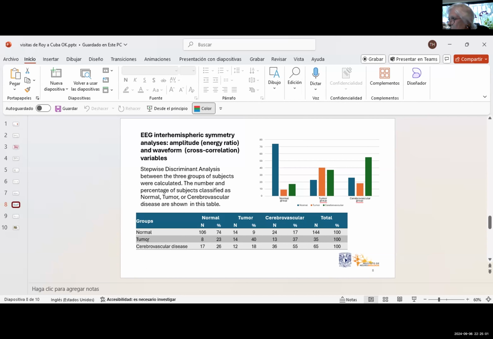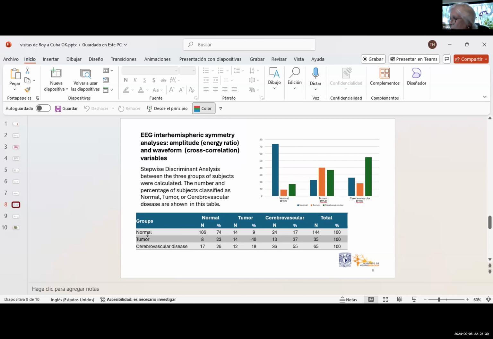We observe that of the normal subjects, 74% were classified as normal. Of the normal subjects, 90% were classified as tumor, and 70% were classified as cerebrovascular. Here we have the graph. These were the normal subjects. Most of the subjects were classified as normal, a small amount as tumors, and another amount as cerebrovascular lesions.